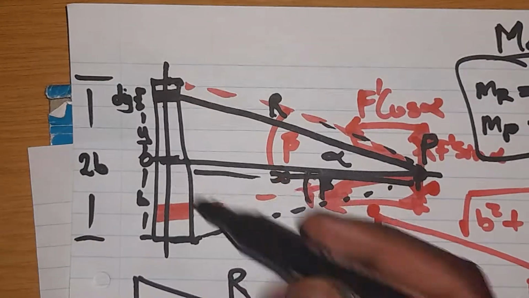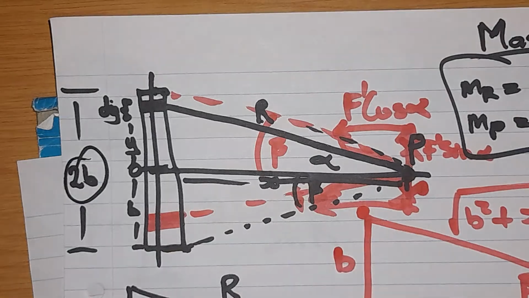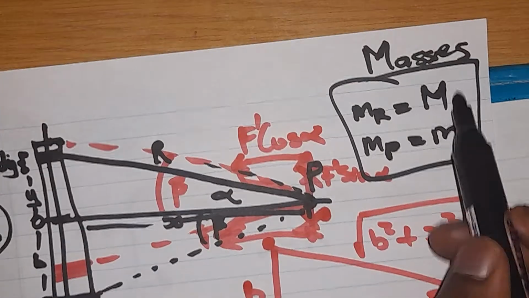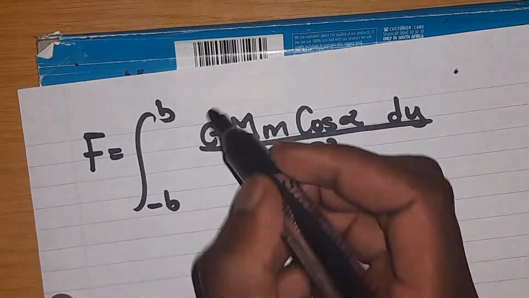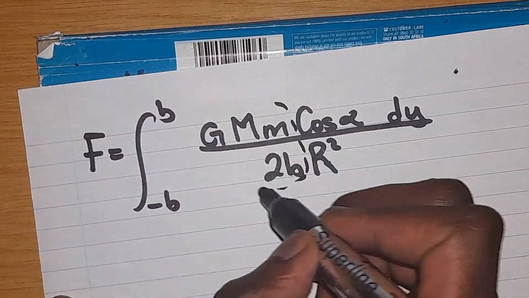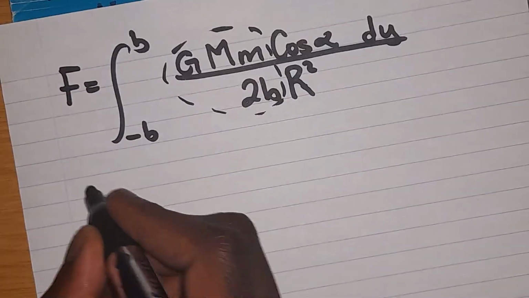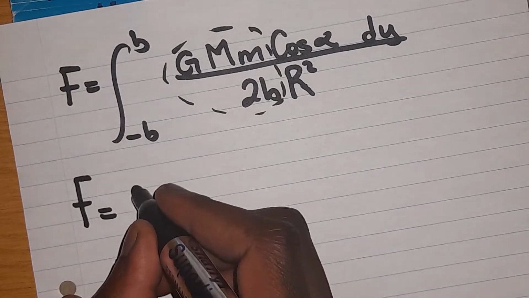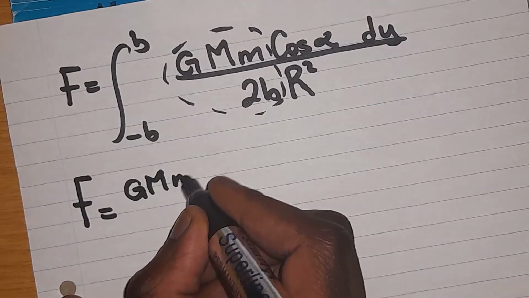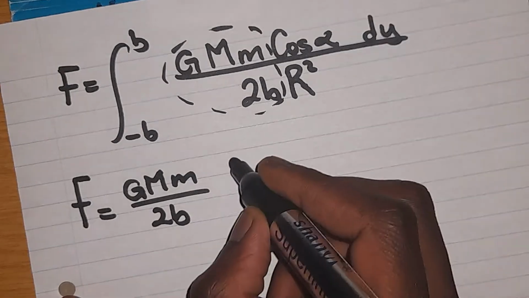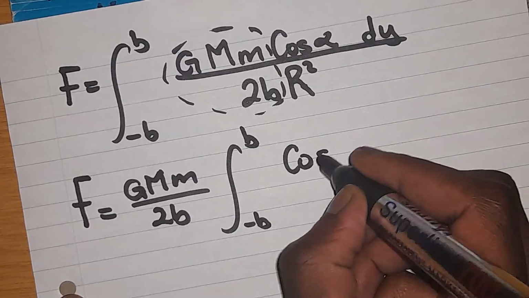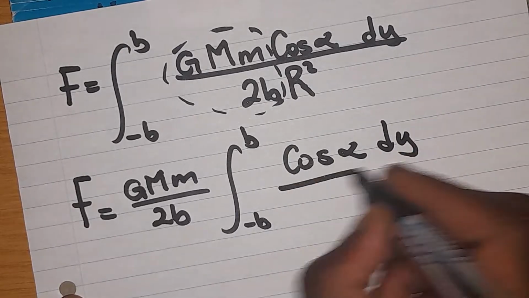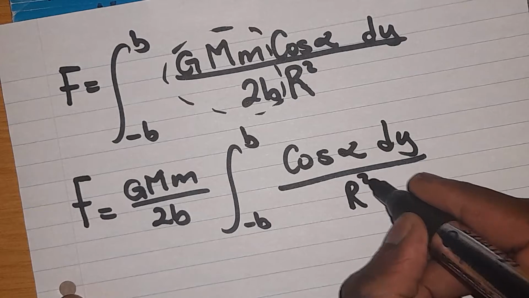But if you notice something from our diagram here, b is a constant, which is the length, and this mass and this mass are both constants. So we can take those quantities out of the integral. We'd say F is equal to G capital M small m all over 2b, times the integral from negative b to b of cos alpha dy all over r squared.